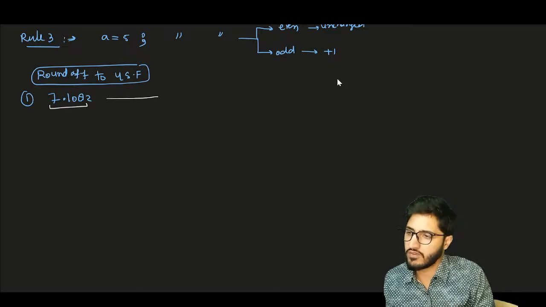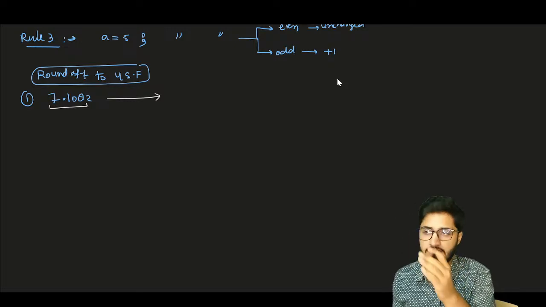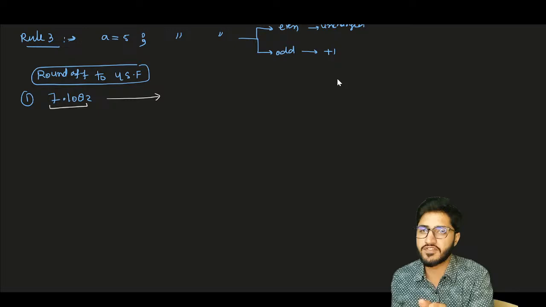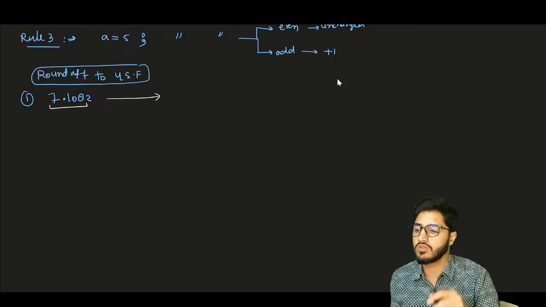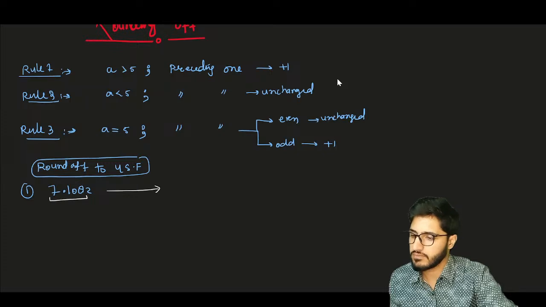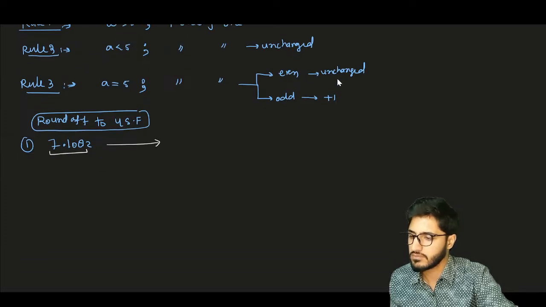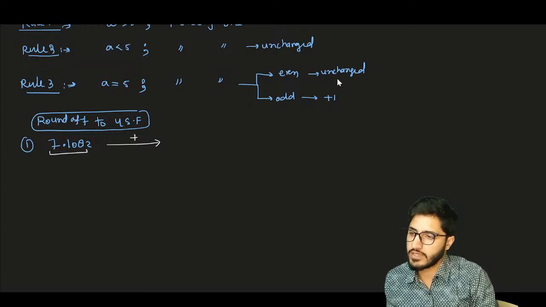So we need to round off the 2. The preceding digit before it is 8, which is greater than 5, so we have to plus 1. It will become 7.109.